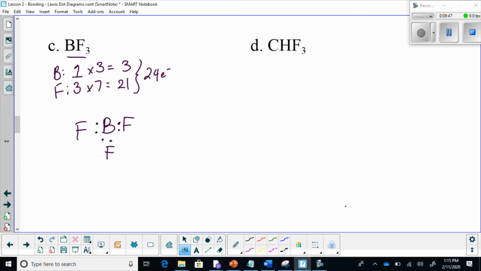So I place 6 around boron, and then I complete the octet on the fluorines. Okay, so 2, 4, 6, 8, 10, 12, 14, 16, 18, 20, 22, 24. Okay, so this is my final answer.